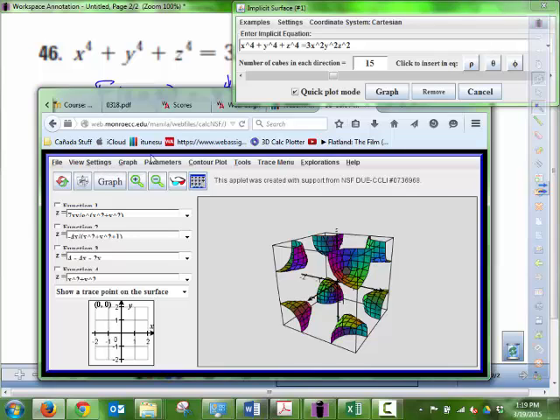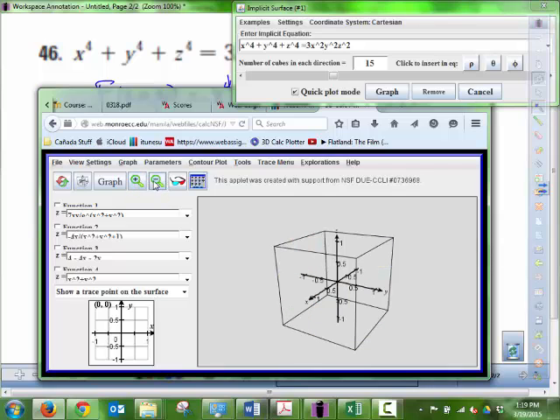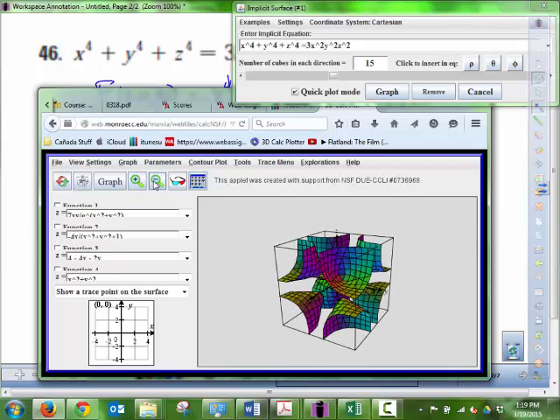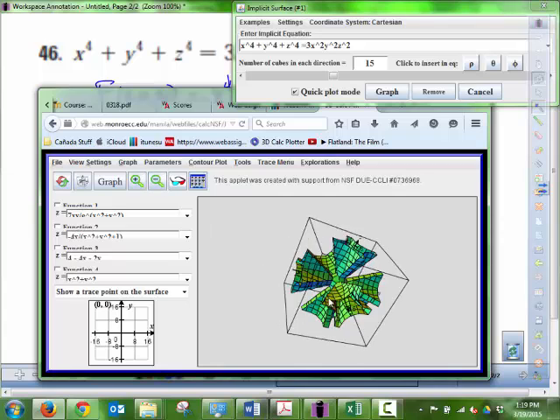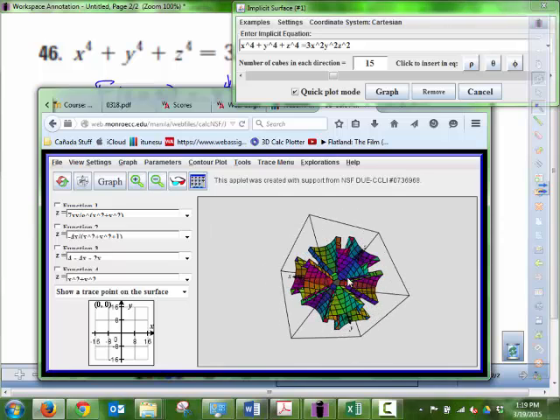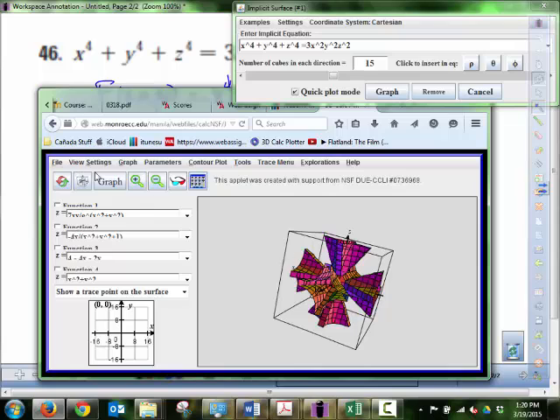Maybe I see a bunch of spheres in there. Well, you can play around with that and see what you get. But in general, this is what we have.